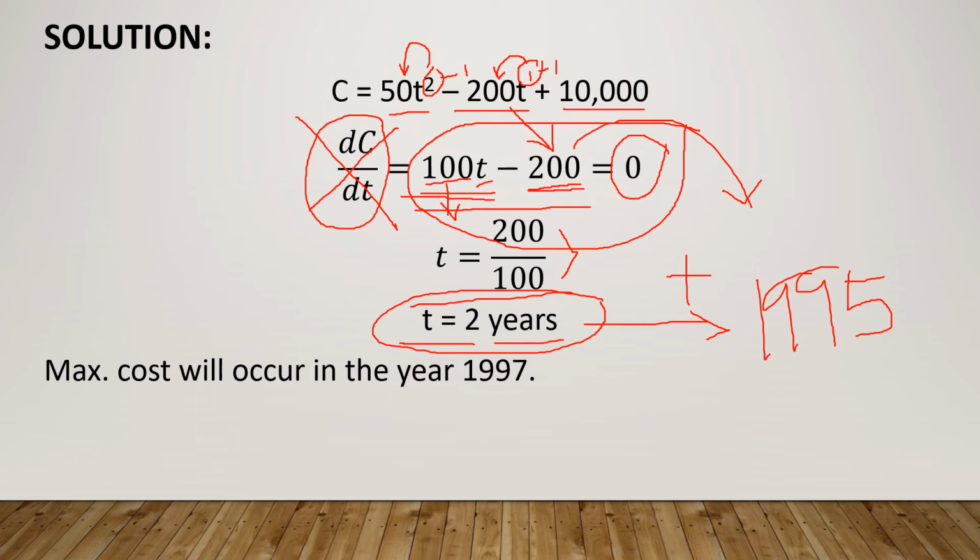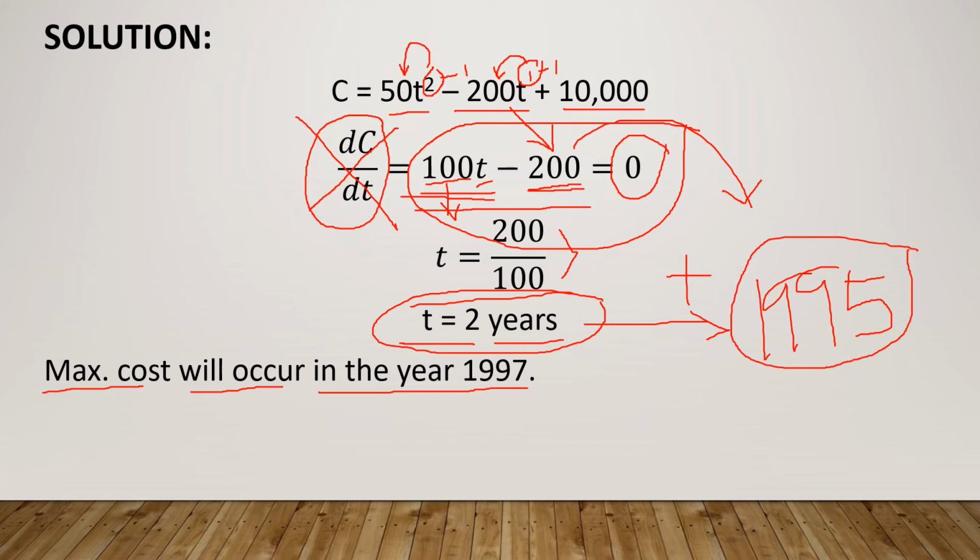That's why in finding the maximum cost from the year 1995 to 2002, we are just computing for the value of the maximum cost that will occur in the year 1997.